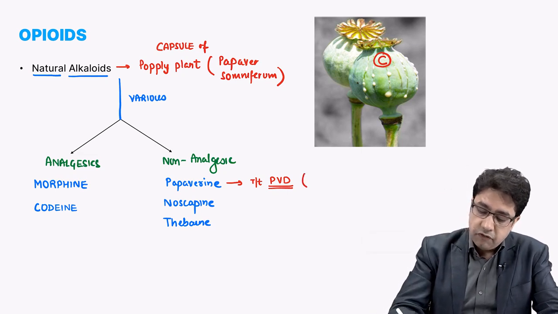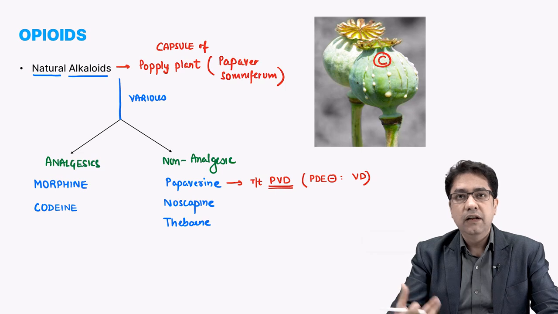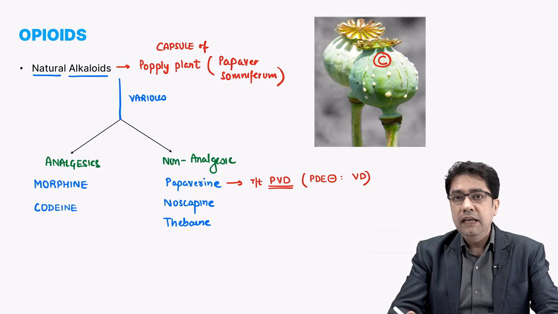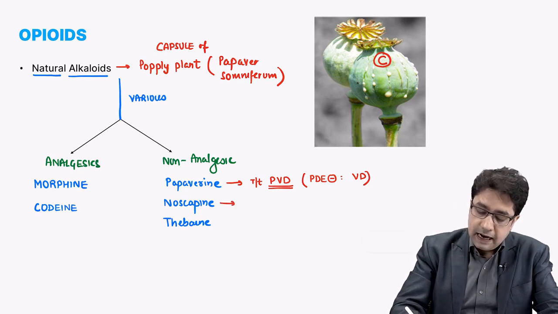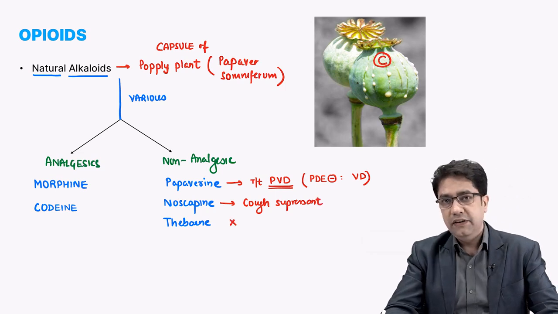Because it's a phosphodiesterase inhibitor, and phosphodiesterase inhibition produces vasodilation that will improve blood supply to peripheral organs. While noscapine acts on the brain, and it is used as a cough suppressant, which we are going to discuss shortly. Thebaine does not have any specific use.